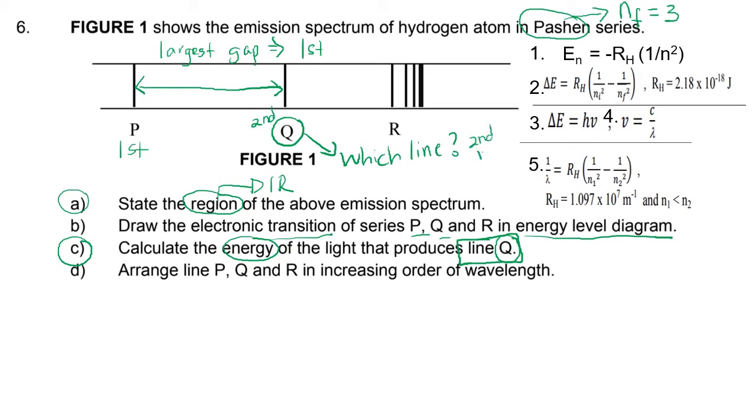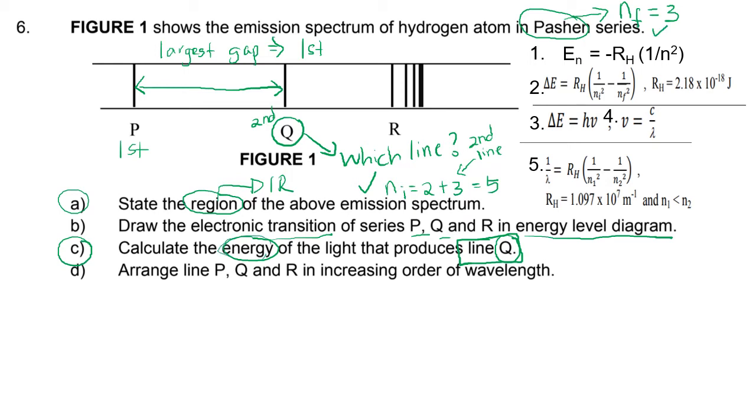Okay, so the second line of the Paschen series means that the electron is dropped from, so we use 2 plus 3, so the initial is n equal to 5, dropping to n equal to 3. So here again we have the energy levels, and then we need to find the energy.